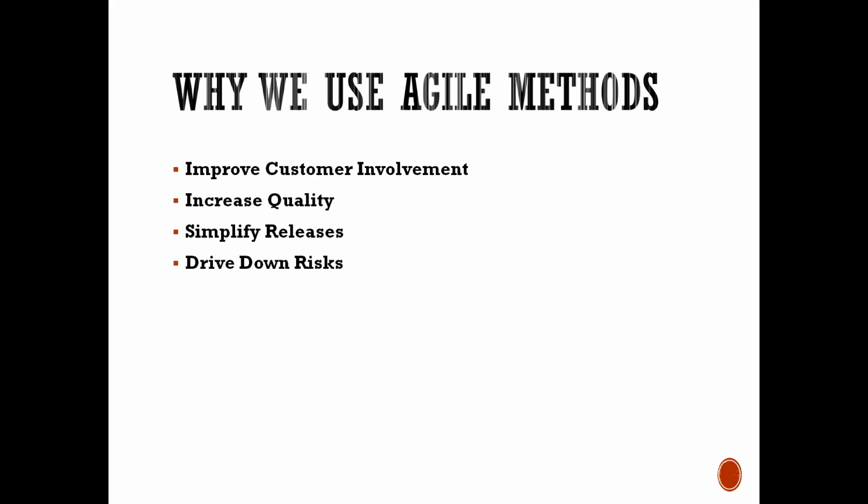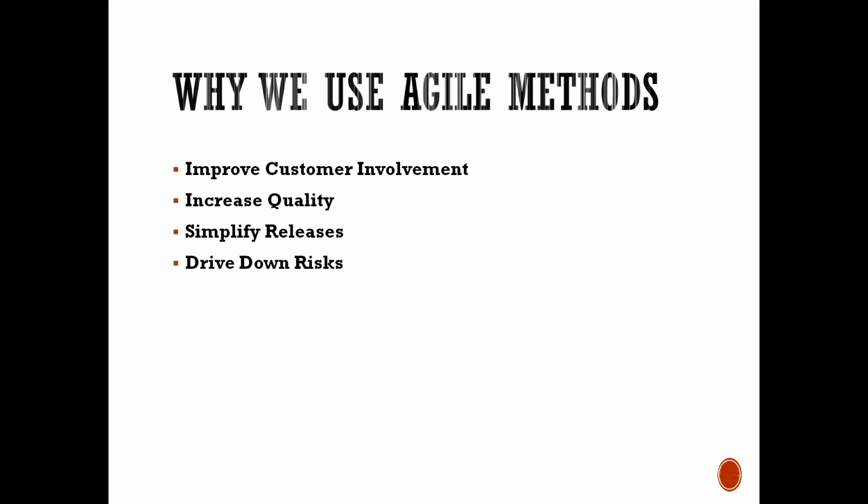It also drives down risks. For example, in the waterfall model, after we make the project or the software, if the customer doesn't like it, we have to do it all from the start.